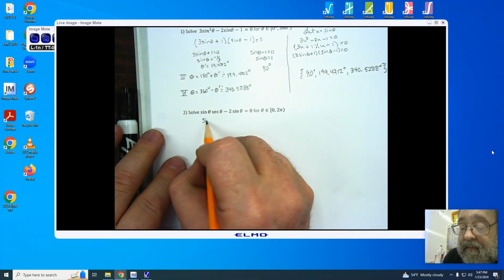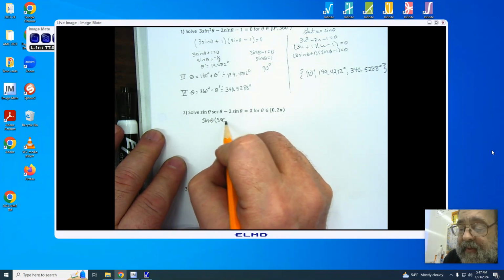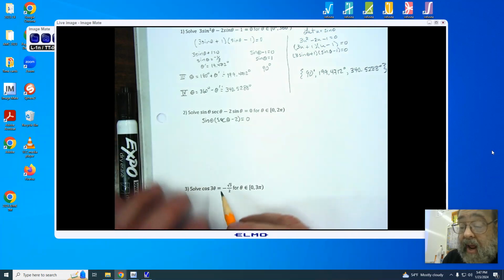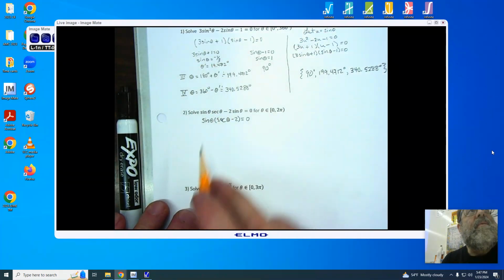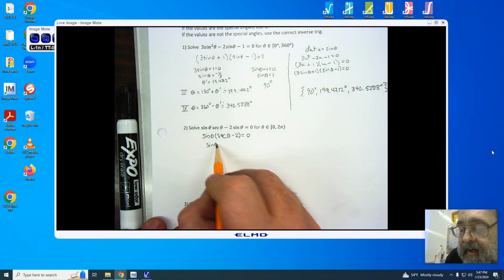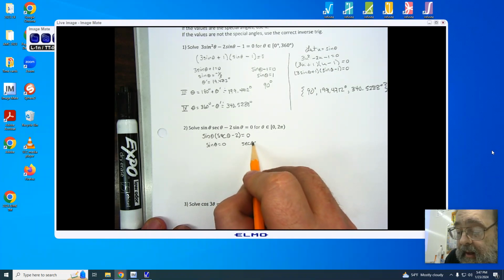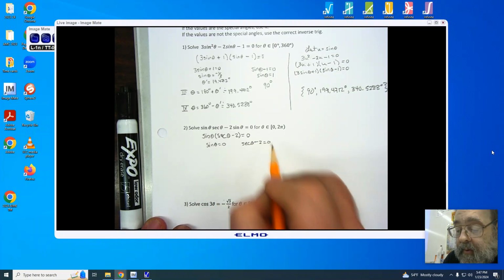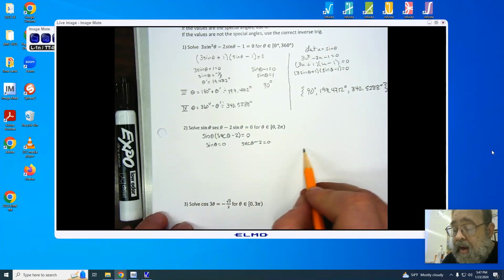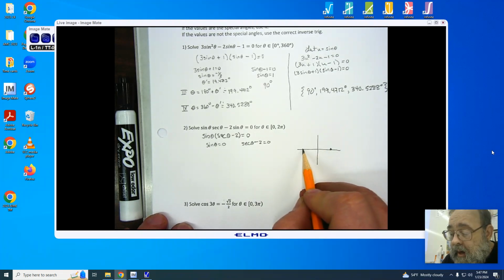Sine of theta can therefore be factored out, leaving me with sine of theta times secant of theta minus 2 equaling 0. I'm now going to break it up just like I did in the previous problem. I'm going to take the sine of theta, set it equal to 0, just like taking the secant of theta minus 2 equaling 0. I know that sine of theta equals 0 happens twice. On that unit circle, it happens right here and here.